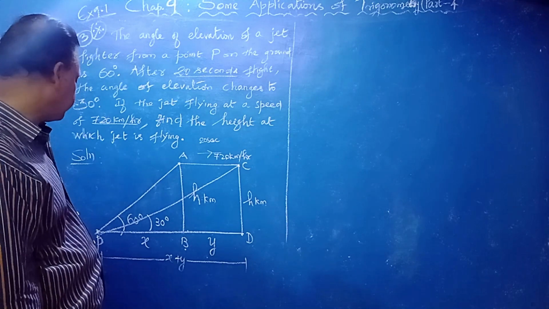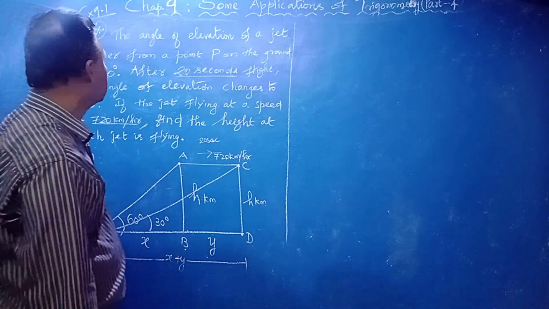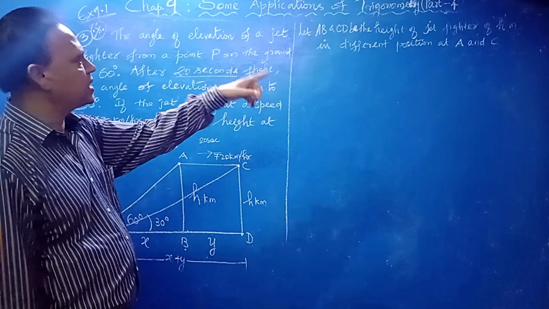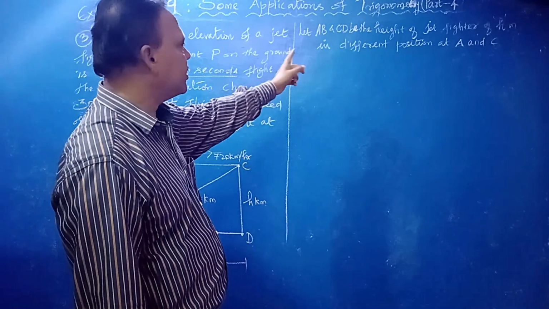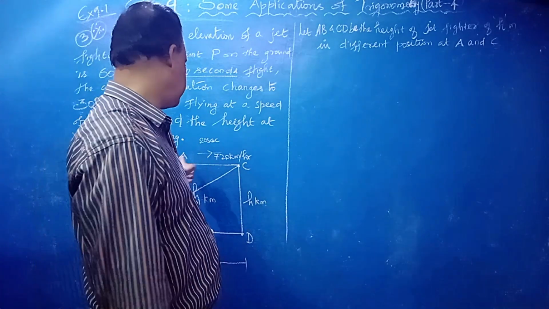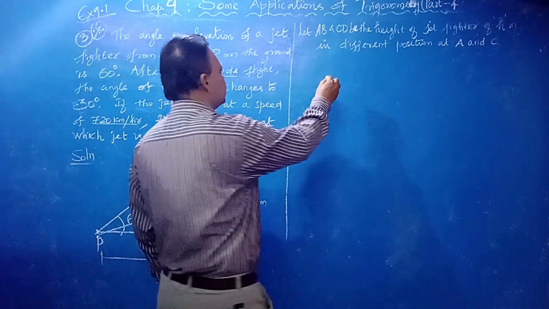Now very simple. Let AB and CD be the height of the jet fighter, H meter, in different positions A and C. Now the angle is given.